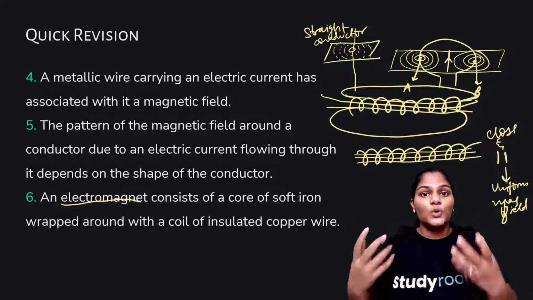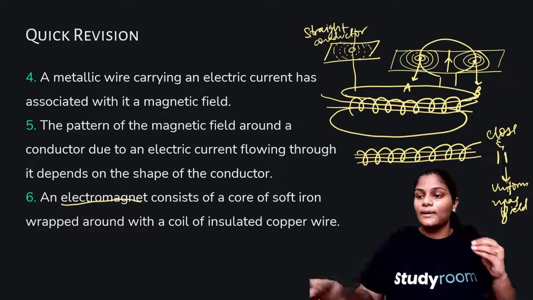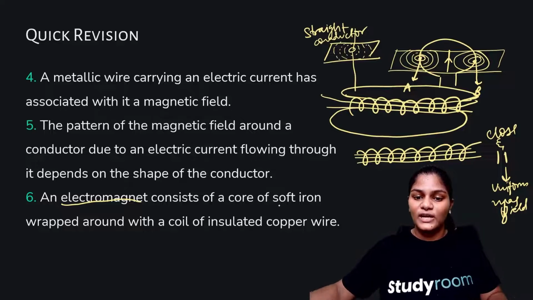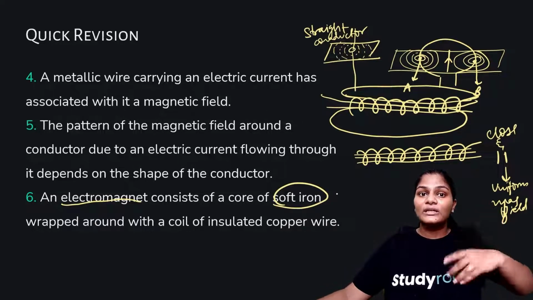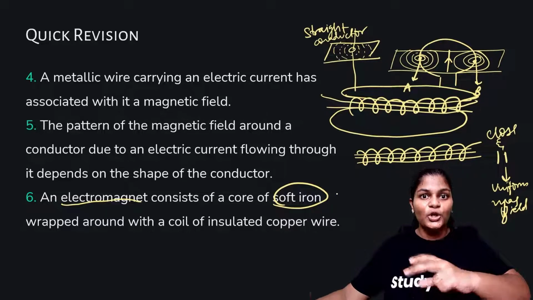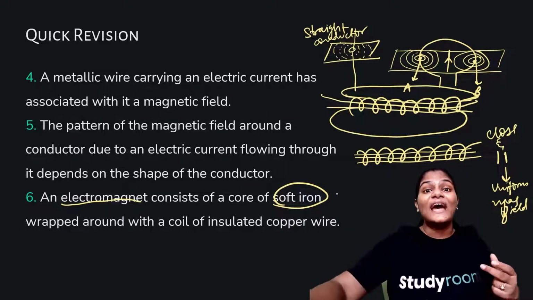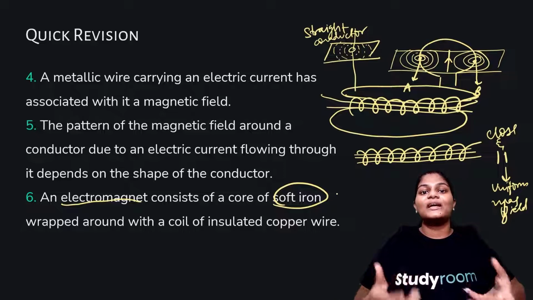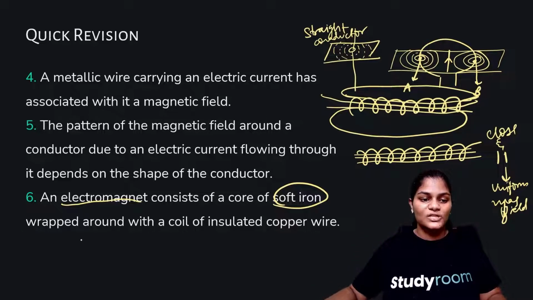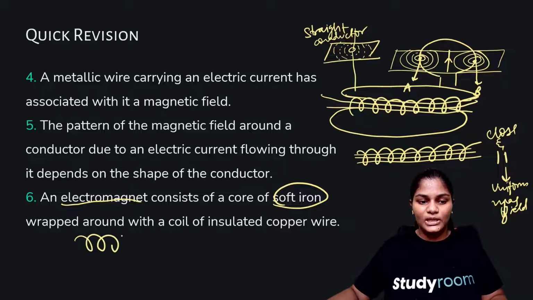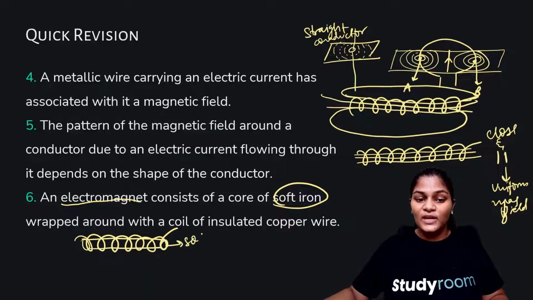When some magnetic material such as soft iron is put inside this solenoid, soft iron starts acting like a magnet too. And this whole setup, this solenoid plus this soft iron which is put into its middle, is known as the soft iron core.